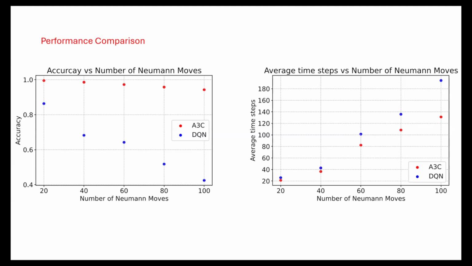Okay, so let me explain the episode of this study. For the initial state, we generate a random plumbing graph and then apply Newman moves, like 15 times.